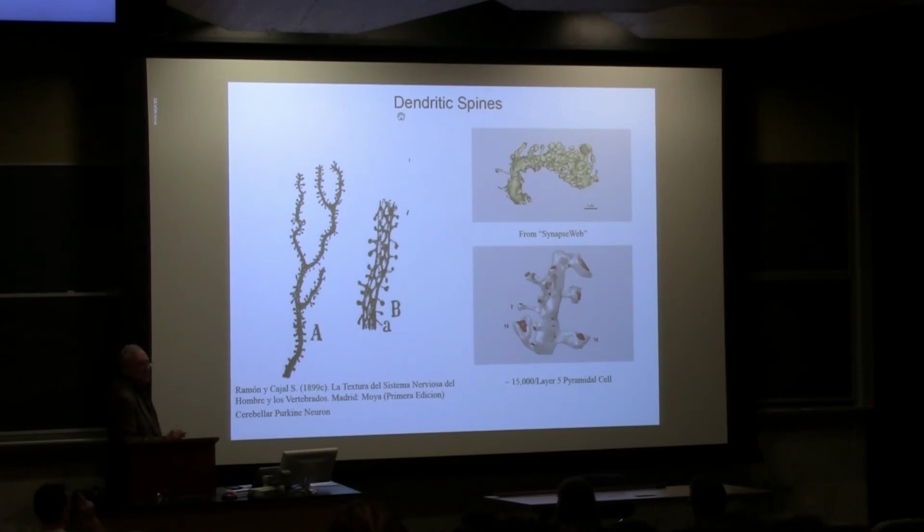So he was the first person to notice these little appendages that come off dendrites that are called dendritic spines, and they have a characteristic shape. They have a shaft, that's the shaft, and they have a head, that's the head. The shaft is a very small diameter structure. We'll see the diameters in just a minute.